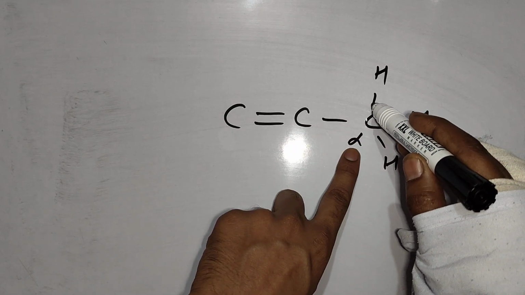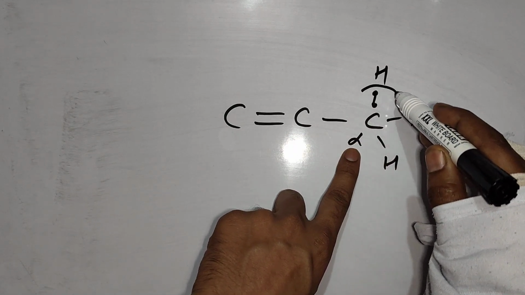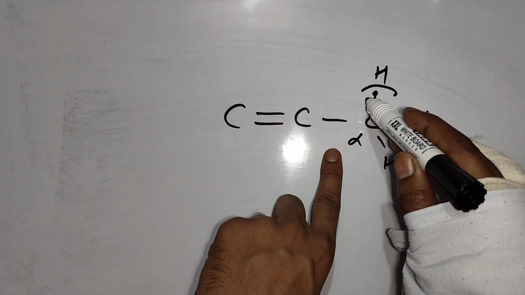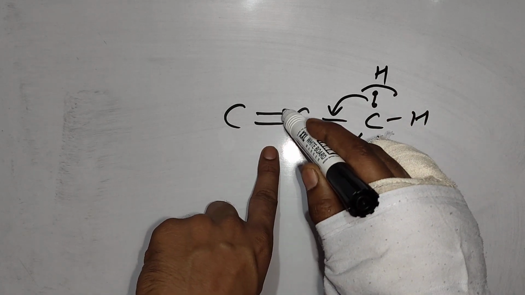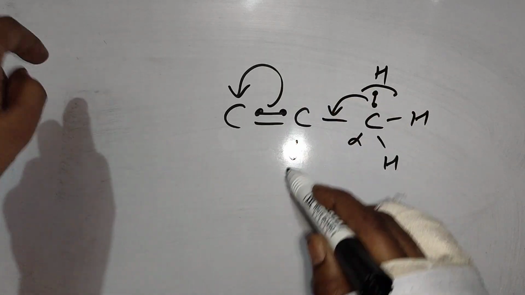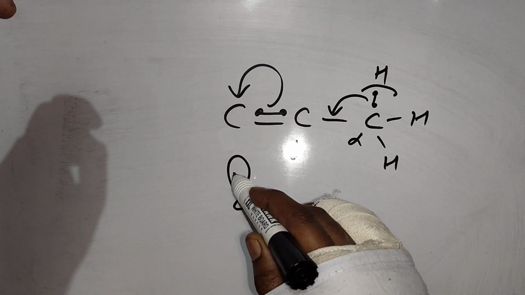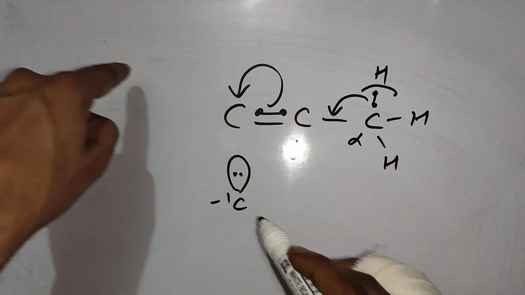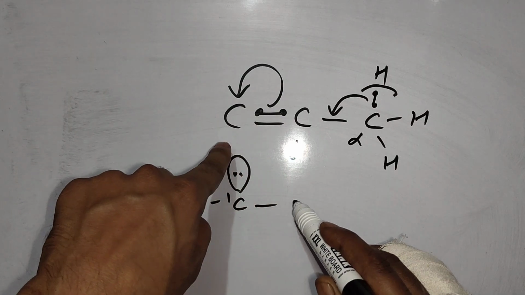So in hyperconjugation, what is happening? This alpha carbon temporarily breaks bond from hydrogen, like first hydrogen, and it is going to shift the electrons here, due to which these pi electrons will move temporarily to this carbon. So lone pair will come on it, negative charge, because it got one extra electron of this carbon. Here single bond will be left.